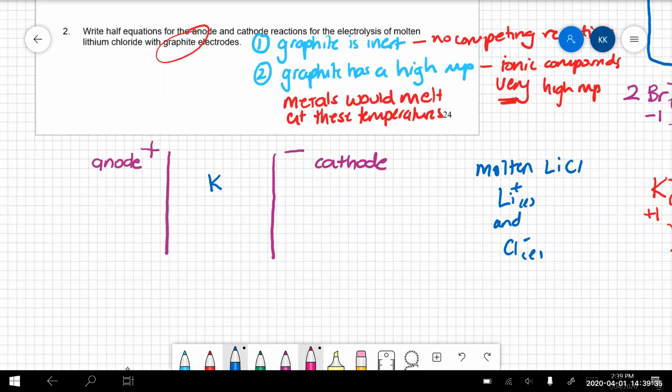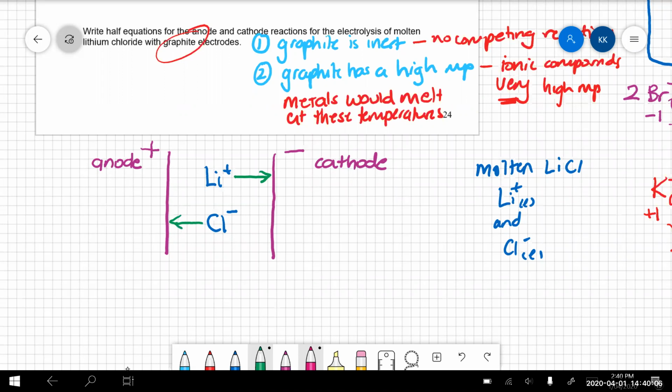Let's get the element right though. So I'm going to write Li+ and Cl-. Next, I work out where they're going to go. The lithium ions, are they going to be attracted to the negative or the positive electrode? Well, they're positive, so of course they're going to be attracted to the negative electrode. And the chloride ions are going to be attracted to the positive electrode.